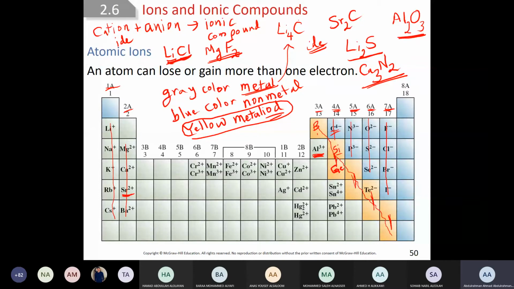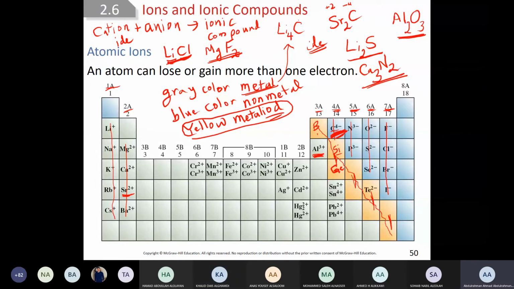Doctor? Is this clear? Yes. I didn't get how we say 2 to 1. Because what's the charge in strontium? +2. What's the charge in carbon? -4.